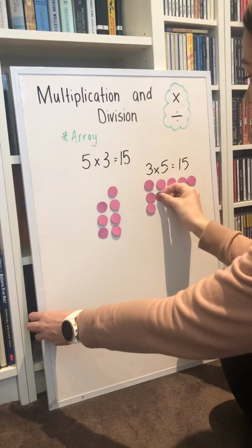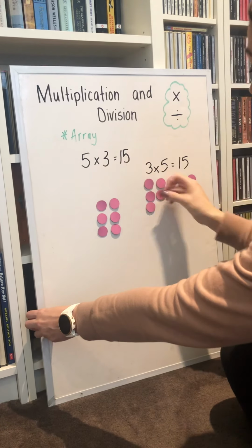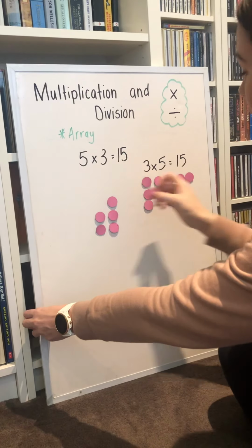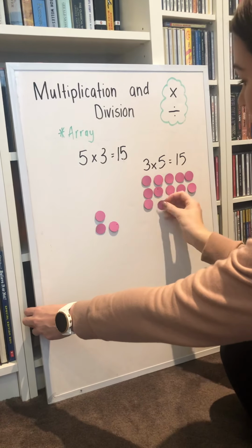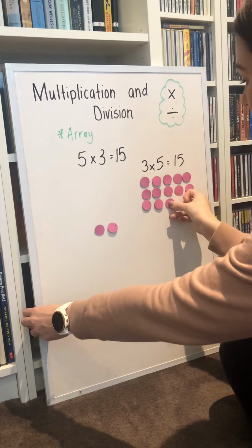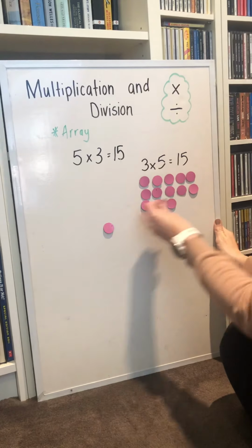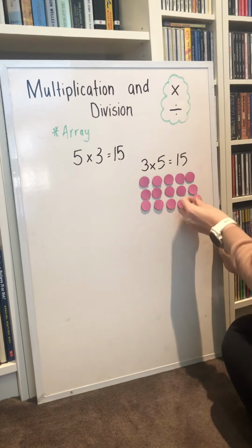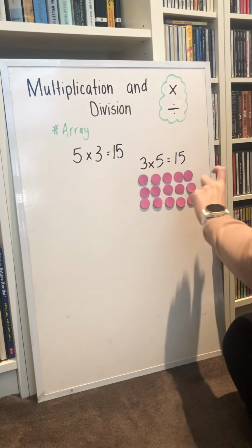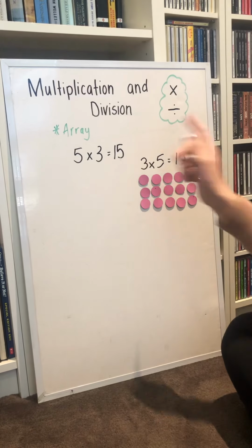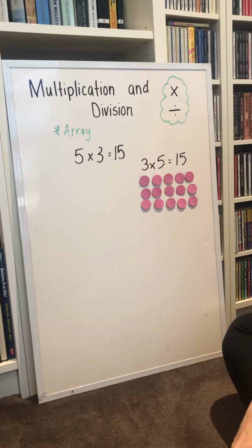In a moment I'm going to show you how we can use this array to show our division as well, our inverse operation. This array here looked like it went down more vertically. This one looks like it goes across a little bit more horizontally. Answer still stays the same when you add up those dots.